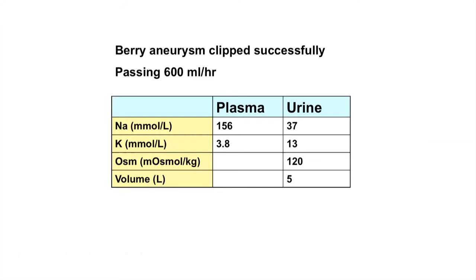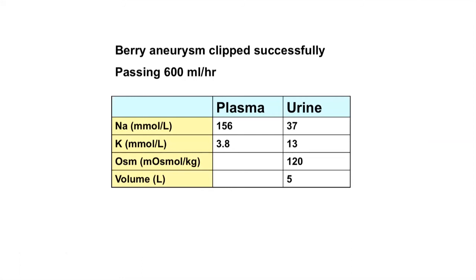And as we can see here, the patient's sodium concentration prior to surgery was completely normal. And post-operatively, this was the plasma sodium concentration of 156. And one can also see the urine sodium of 37 with an osmolality of 120.